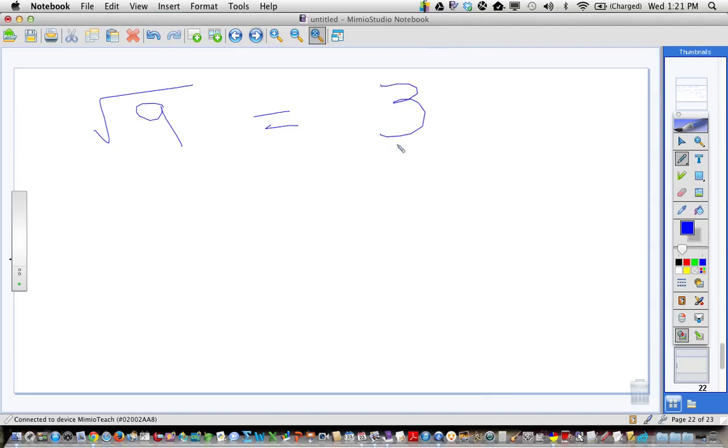Just 3. And you're confusing that with this question: solve x squared equals 9. Well, then you do what we were doing, where you square root both sides, but when you square root both sides, you're asking for both the positive and the negative square root of 9. So that's why you get plus or minus 3. But in this problem, they're just asking for the positive square root of 9.